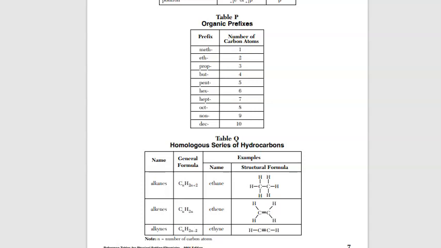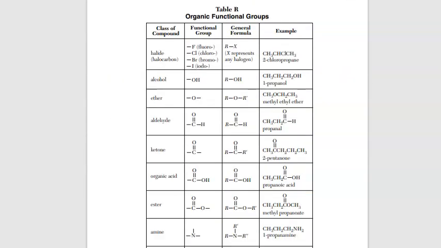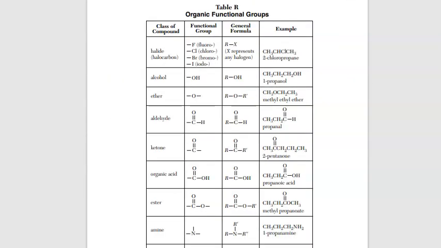Reference table Q, these are for hydrocarbons, meaning carbon and hydrogen atoms only. And then, once again, we have reference table R, which is our functional group table. In other words, besides carbons and hydrogens, other elements that could be on an organic molecule.